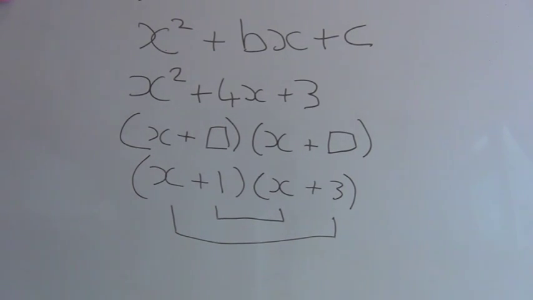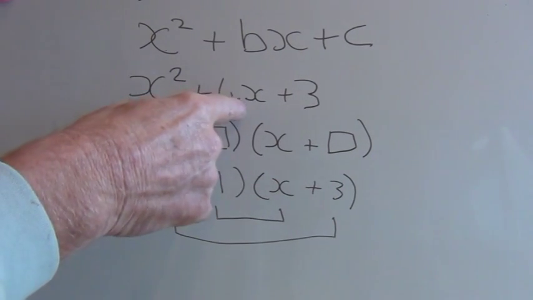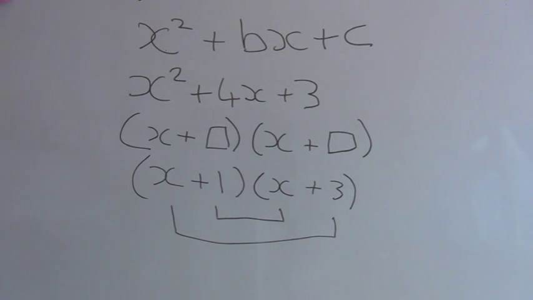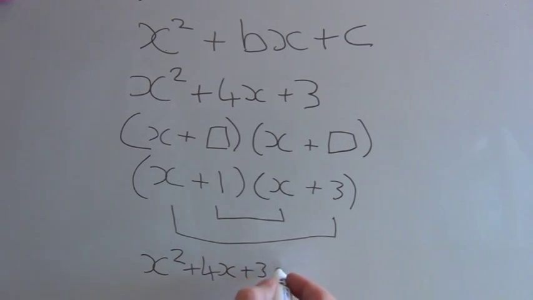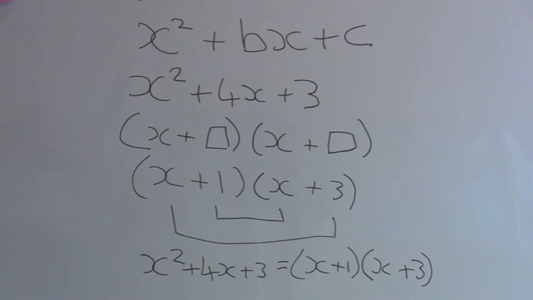So by multiplying those together, we have 1x, 3x, add them together, which gives us 4x. So we can write x squared plus 4x plus 3 equals x plus 1 times x plus 3. So let's have a look at another example.